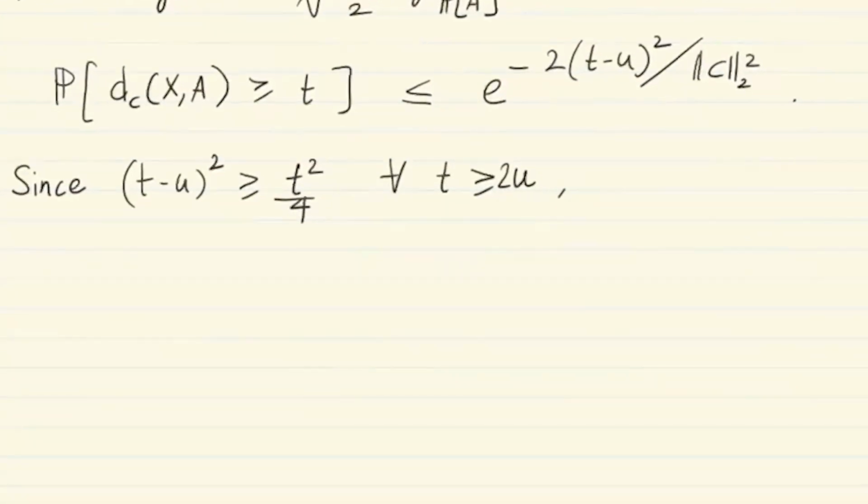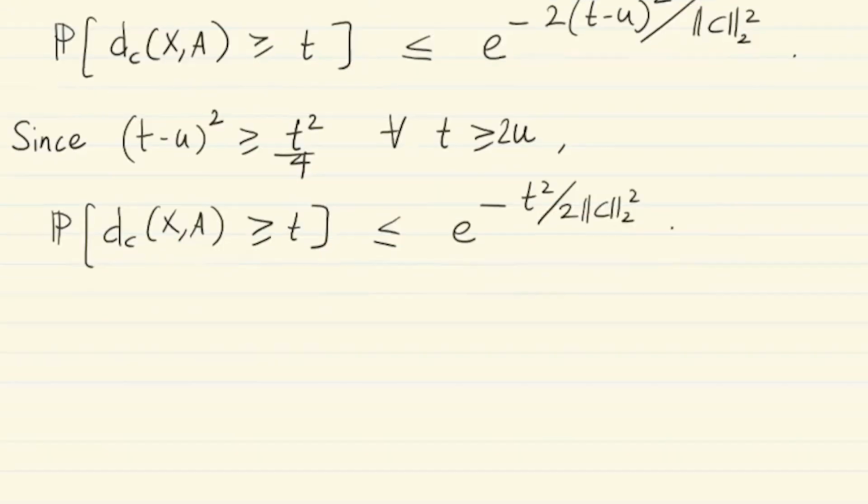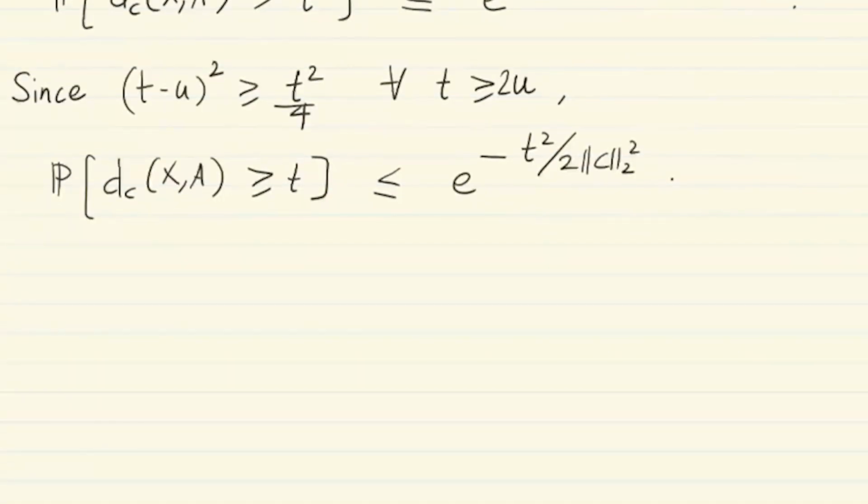So with this we will have that the probability of D_c(X, A) exceeding t is upper bounded by e raised to minus t square by 2 norm c square. The 4 has gone into the denominator in the exponent just because of a division by 4, and this is true for all t larger than 2u.